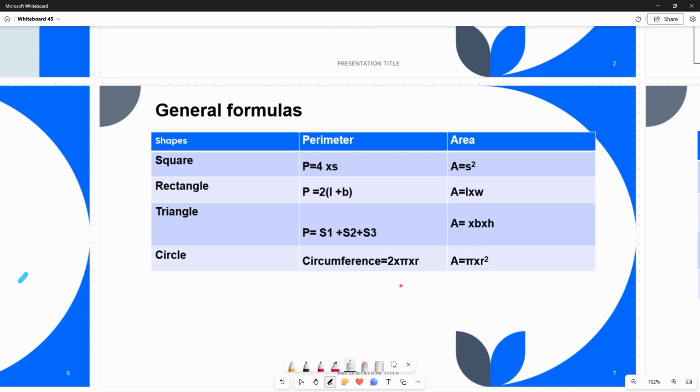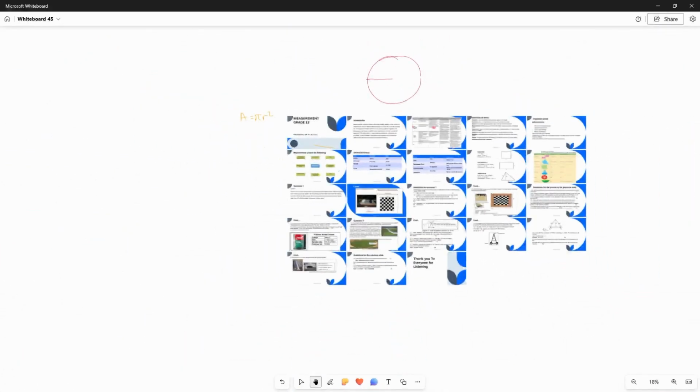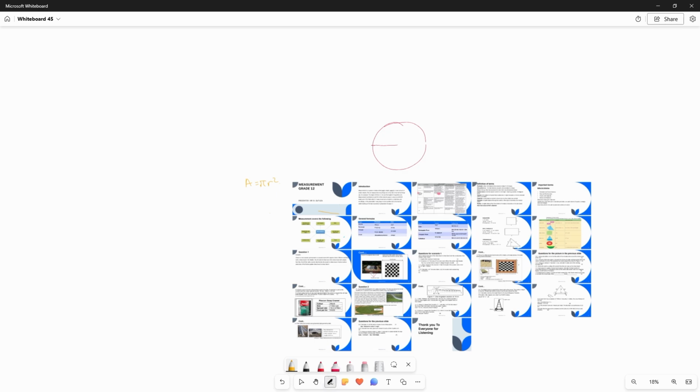So we can also say circumference is equal to pi times diameter, or pi d, because we remember from that formula we have 2 pi r.